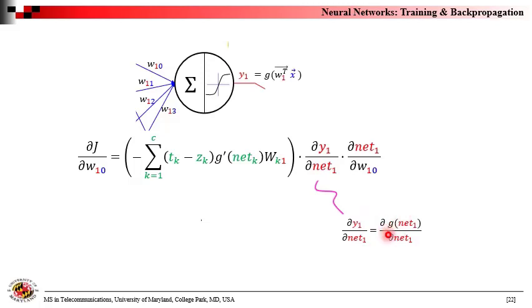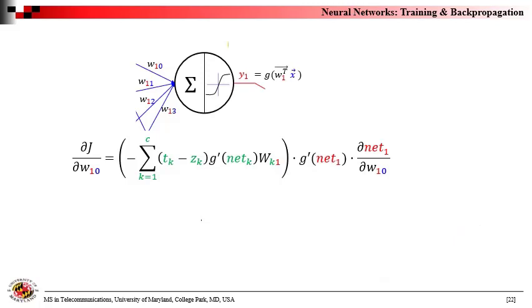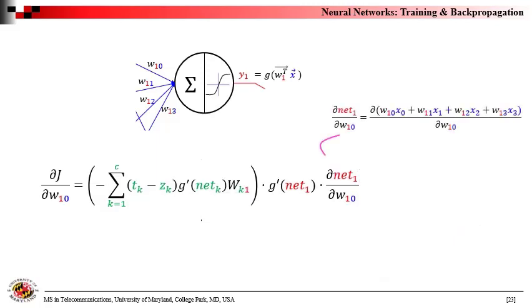It's equal to the sigmoid function of net 1. So that is a very simple sigmoid function. It's the derivative of the sigmoid function, which we already know is g times 1 minus g. There we go.